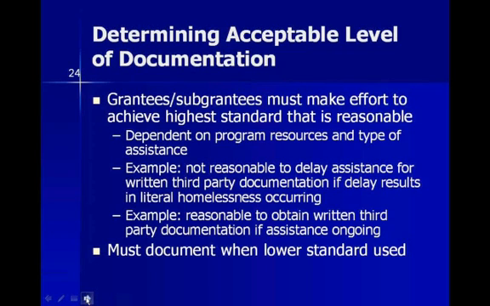Then the documentation necessitated might be such that obtaining third-party verification in all cases isn't feasible. In fact, the crisis might occur if there's a delay while waiting for third-party documentation. But those situations might be case by case.